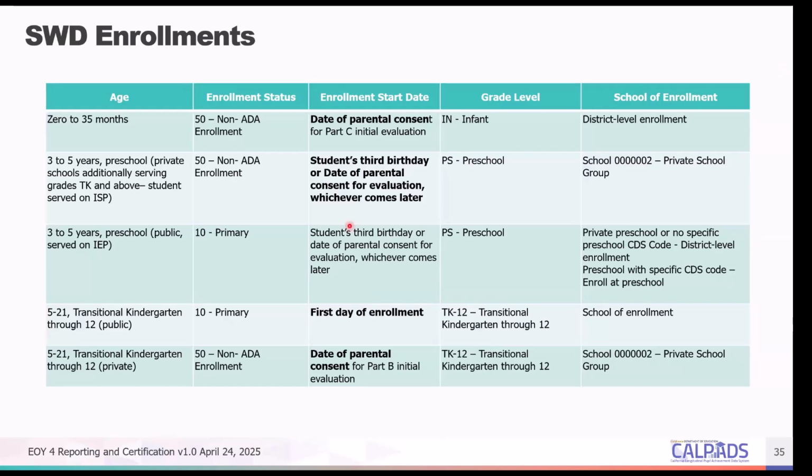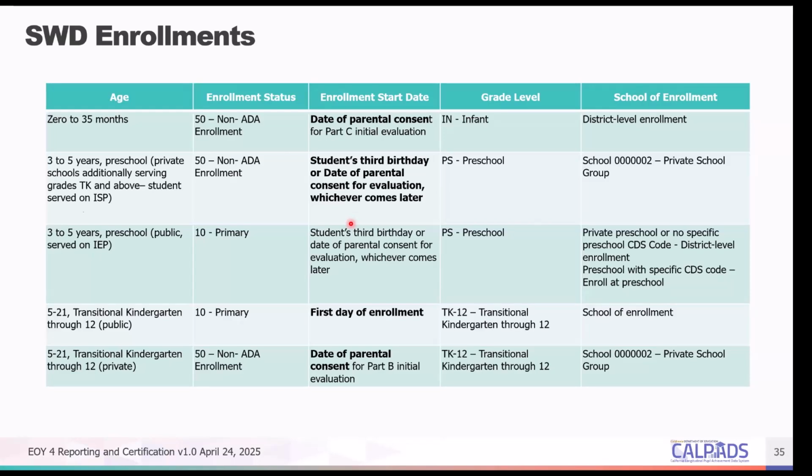Also, Kyron pointed out the enrollment status 50 and private school. You don't have liberty to use an enrollment status 50 for any scenario you want. Non-ADA is just a name. We're data people.